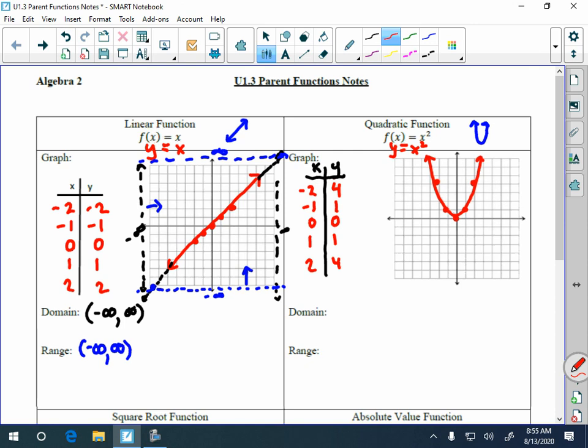So now we want to ask ourselves, well, what would the domain be? So again, as we start with our vertical line on the left side, where -infinity is, we ask ourselves, will that line ever intersect our graph? Well, they will intersect at some point, and that's because the arrows keep going off at an angle, and they will intersect really high, though. So -infinity is part of the domain.